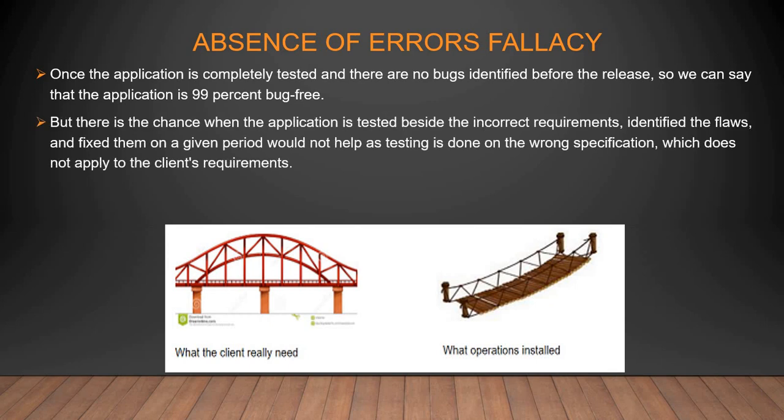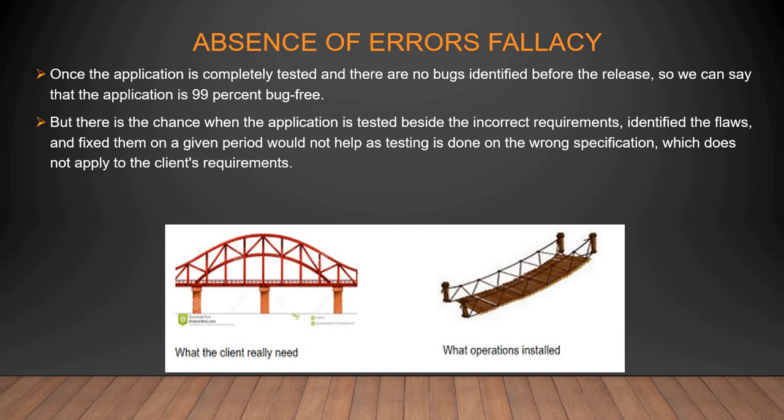But there is a chance that the application was tested against incorrect requirements. Identifying the flaws and fixing them in a given period would not help, as testing was done on the wrong specification, which does not apply to the client requirements.